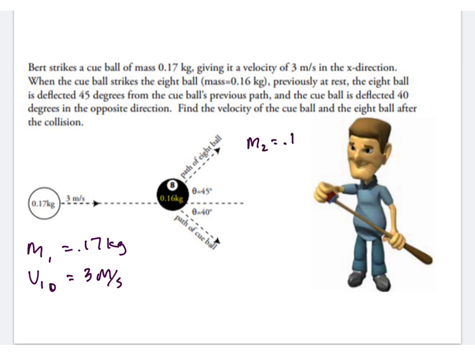M2 is 0.16 kilograms. V2 final, we don't know. That's what we're looking for. We know that the angle for that ball is 45 degrees.